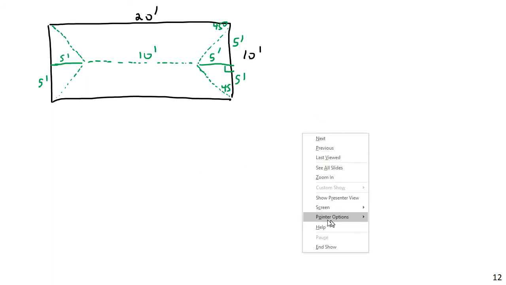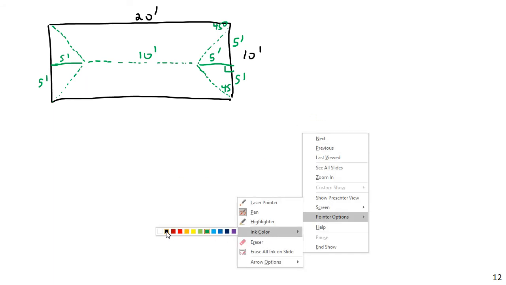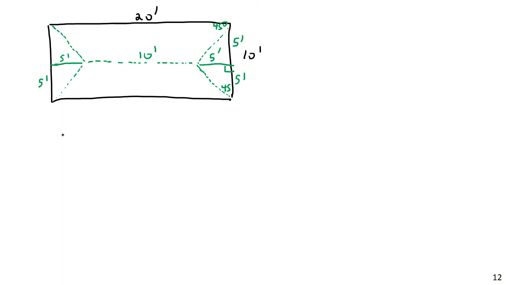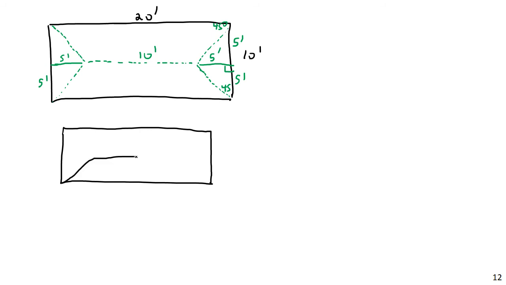Or if I maybe draw this out a little better on a different rectangle, it would look something like this perhaps. I'm going to have a trapezoid like this, like this, like this, and like this, where this is 10 feet long, and let's say this is 5 feet long here.